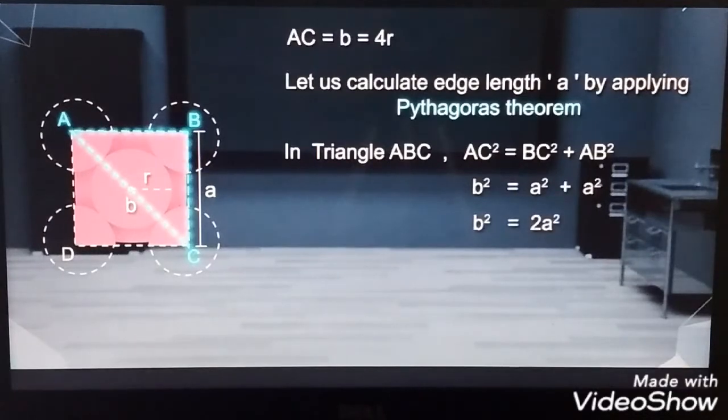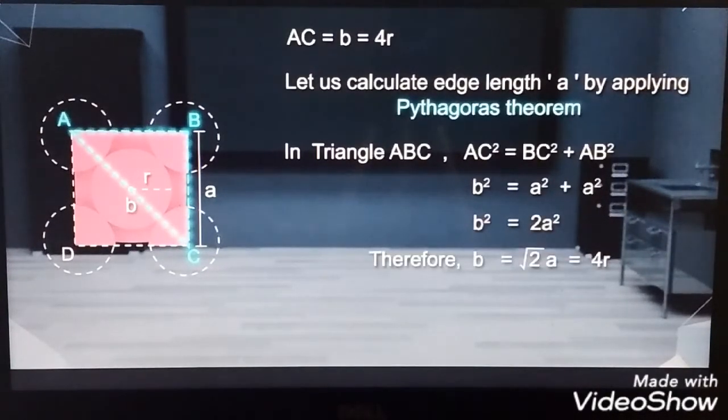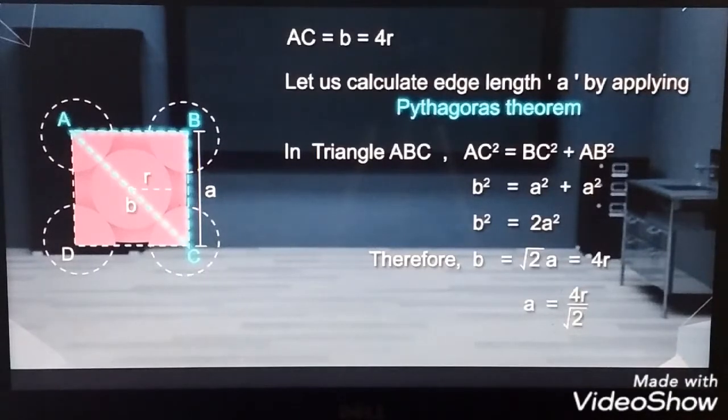B square is equal to twice A square. Therefore, B is equal to square root of 2 A, which is equal to 4R. Therefore, A is equal to 4R by square root of 2, which is equal to 2 square root 2 R.